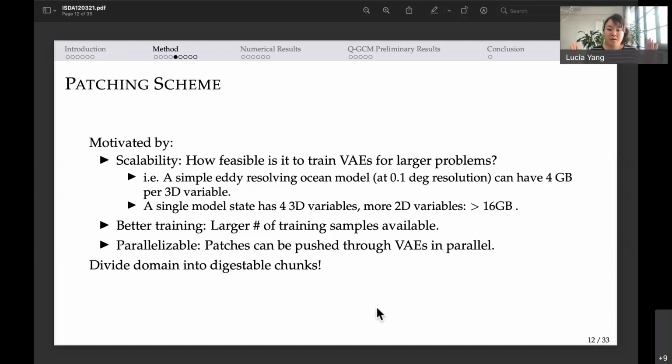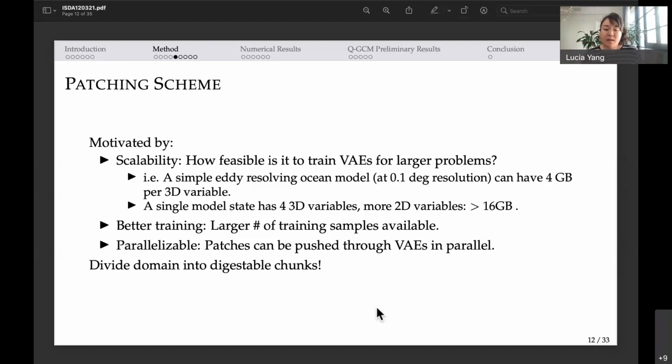And so the idea is to divide your state space, or your model state, into smaller digestible chunks. Then each chunk can go through an autoencoder structure. When you do this, you increase the number of your training samples, because what used to be just one sample is now several smaller samples.